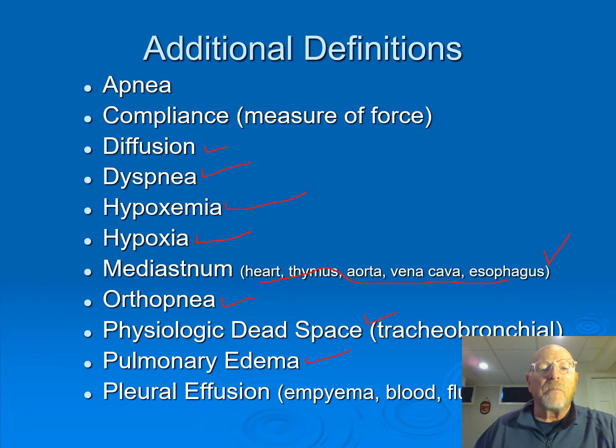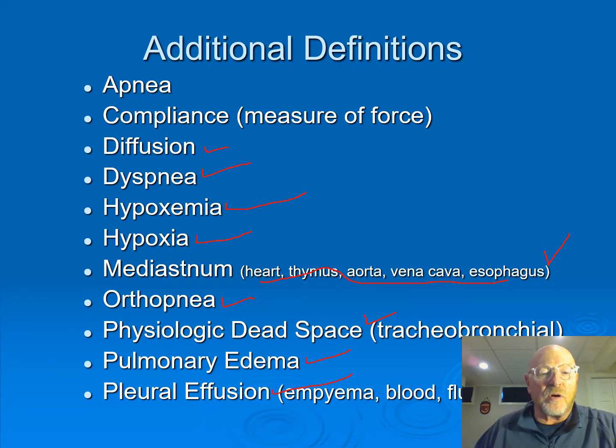Pulmonary edema. Pulmonary edema is the abnormal accumulation of fluid in the lung tissue and or the alveoli. Pleural effusion is an abnormal accumulation in the pleural space, which is the space between the lining of the lung and the lining of the chest wall. That fluid buildup in that space could be blood.